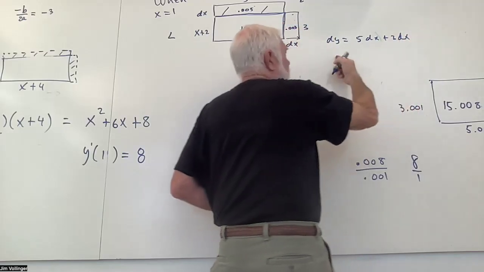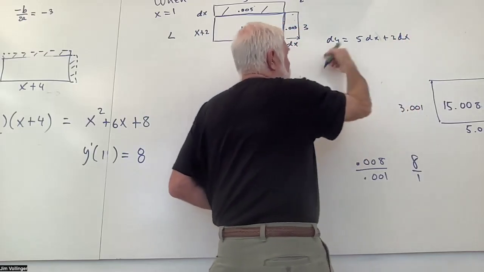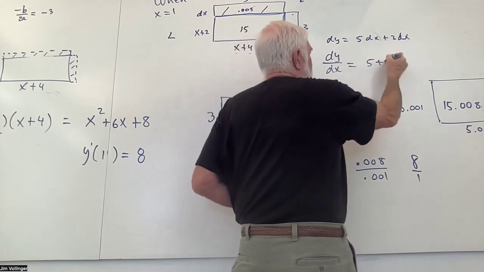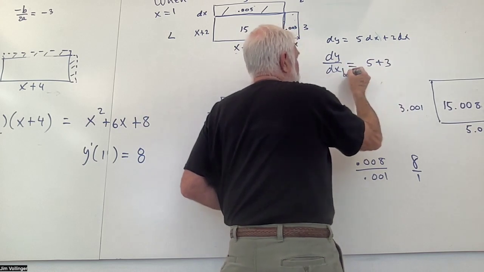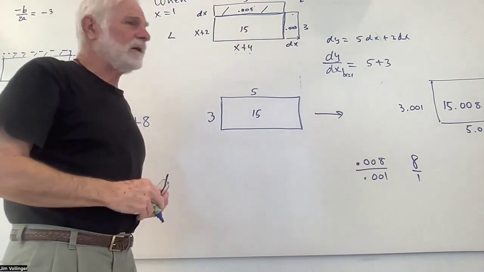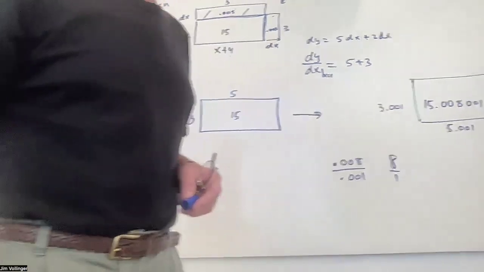And if we divide by dx, we can factor dx out. Well, that's where we're coming up with a derivative. And at x equals 1, we're getting an 8-to-1 relationship. So I like to think of length times width.